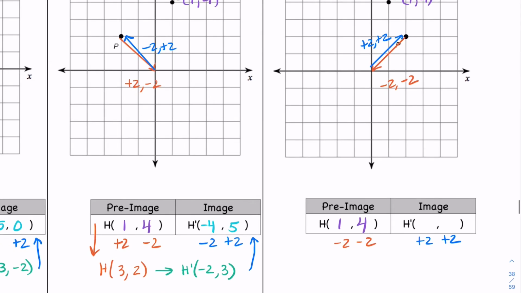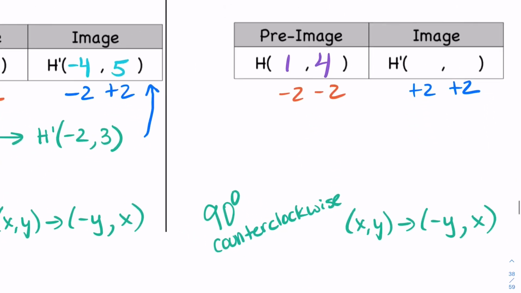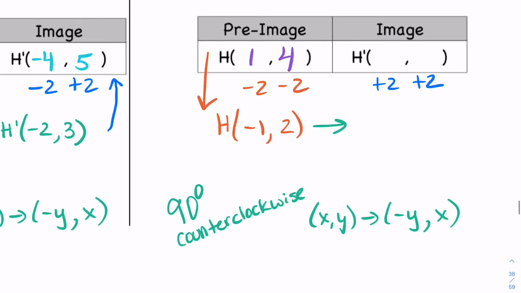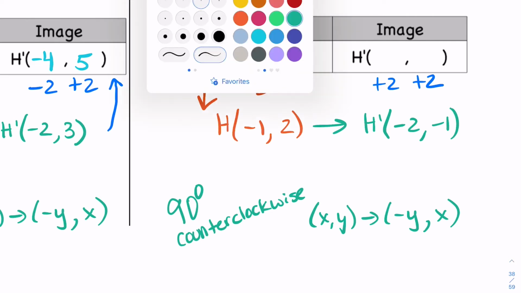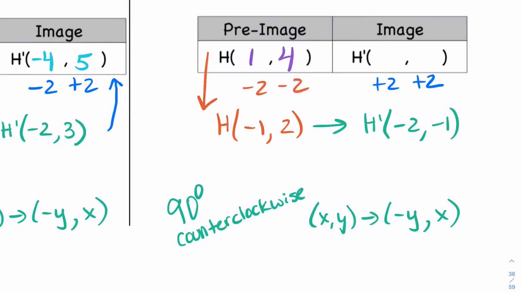And lastly, we have this one where we have H, which is 1 minus 2 is negative 1, 4 minus 2 is 2. I'm going to perform the operation, which is opposite y. So negative 2, same x, negative 1. And now I bring it back. So I'm adding 2 both times.